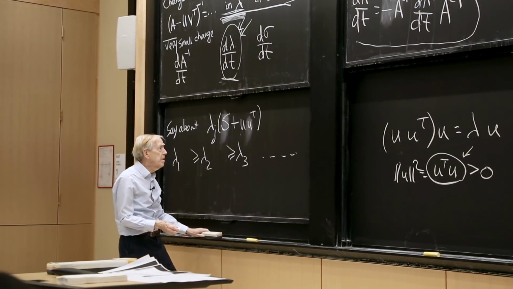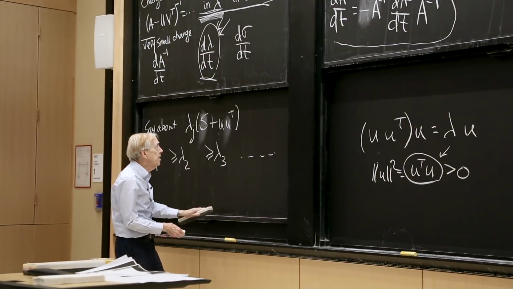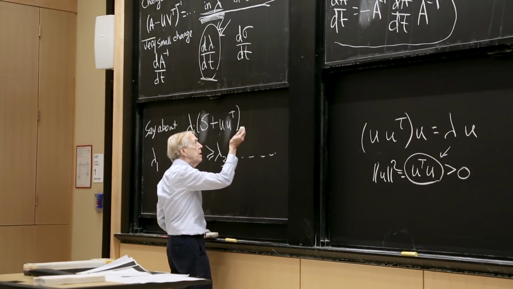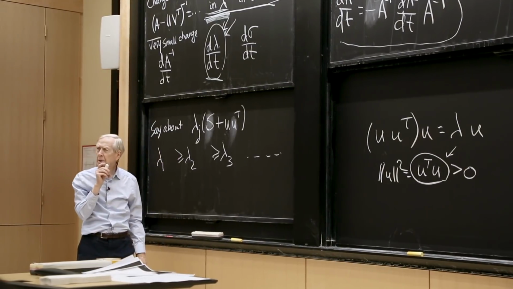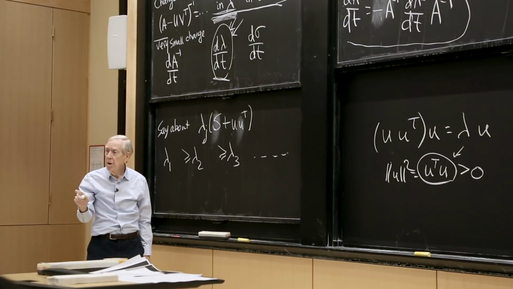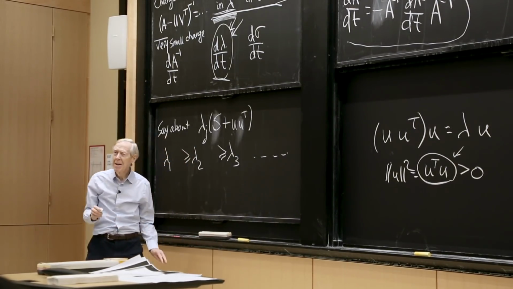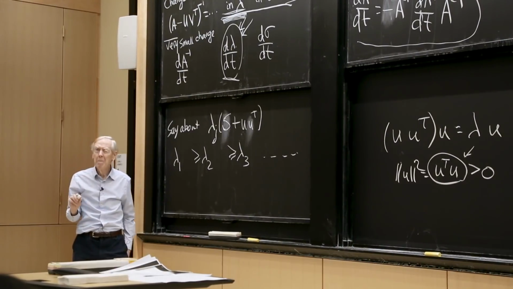So let me start. Do you have a favorite other Greek letter for the eigenvalues of S? Gamma. Okay, gamma. As long as you say a Greek letter that I have some idea how to write.